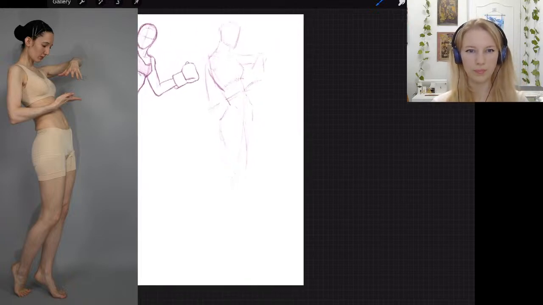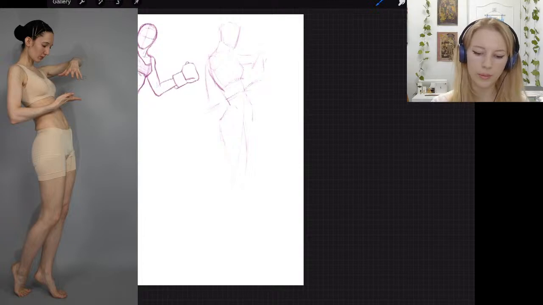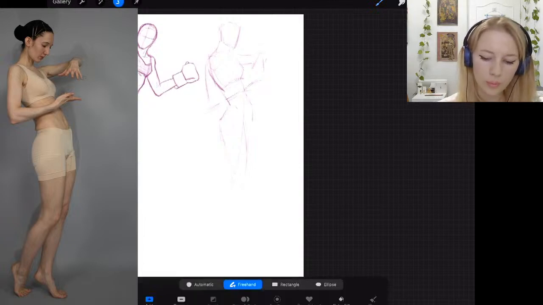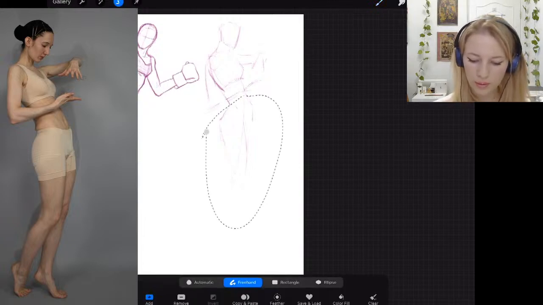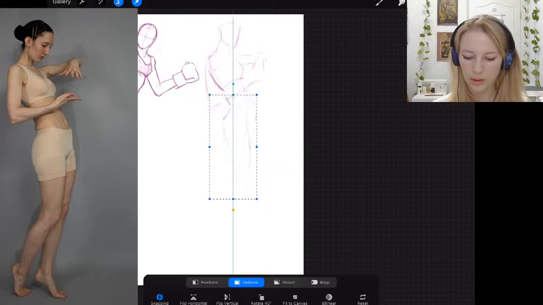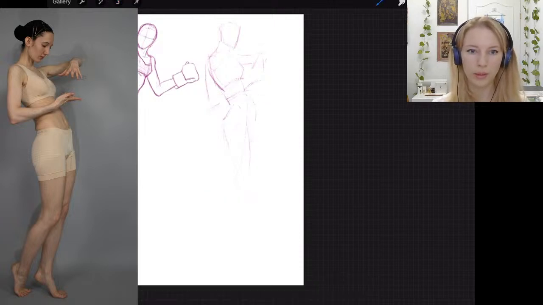So yeah, here we can see that the weight point that we were talking about previously is actually located more or less in her chest area, somewhere here, I would say.